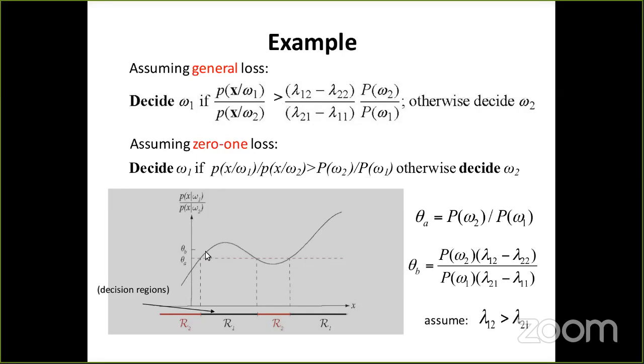The regions in this curve which are above this threshold would be classified as omega 1. So from here to here, this curve is over the threshold, and again from here to here, and these are classified as 1. So this is region 1, and this is also region 1. The other regions in which the curve is below this threshold would be classified as the second category.